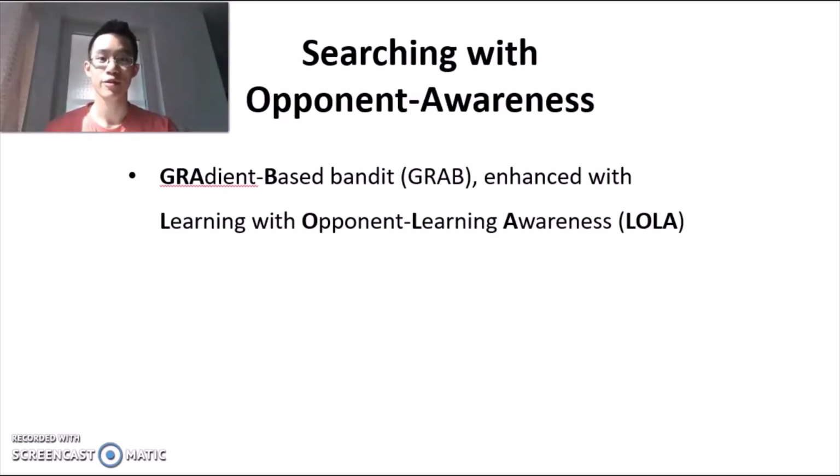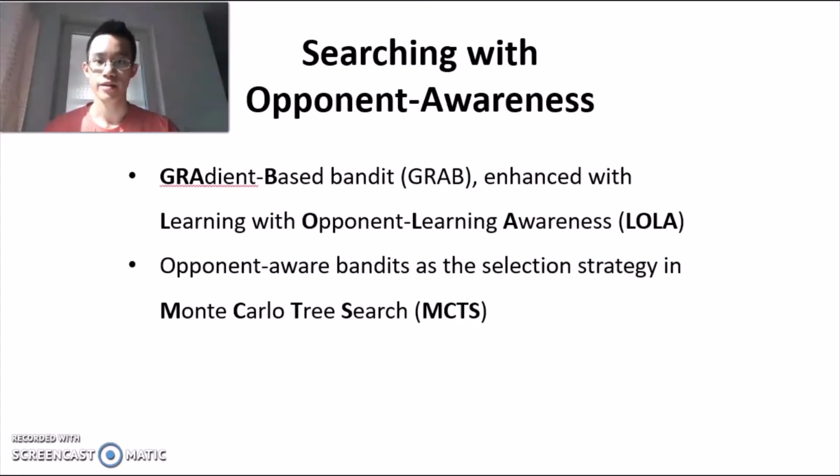The complete formulation of the gradient-based bandit is also given in An Introduction to Reinforcement Learning by Richard Sutton, and learning with opponent learning awareness was introduced by Foerster in 2018. Then, this new opponent-aware multi-armed bandit is applied as a selection strategy in Monte Carlo tree search, or MCTS. This version is also called Searching with Opponent Awareness, or SOA.